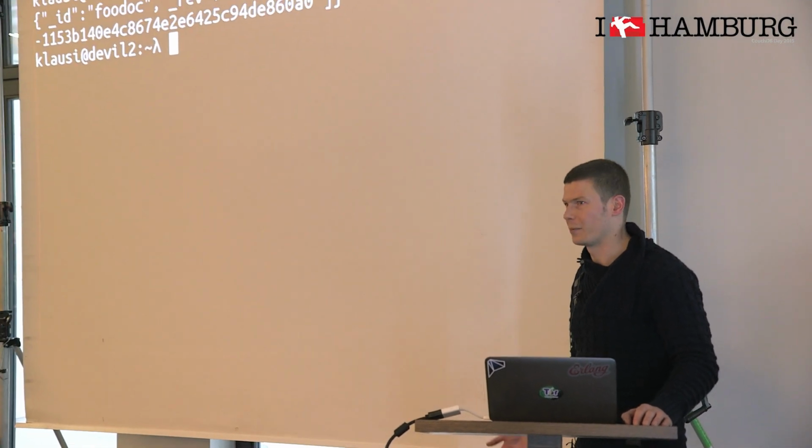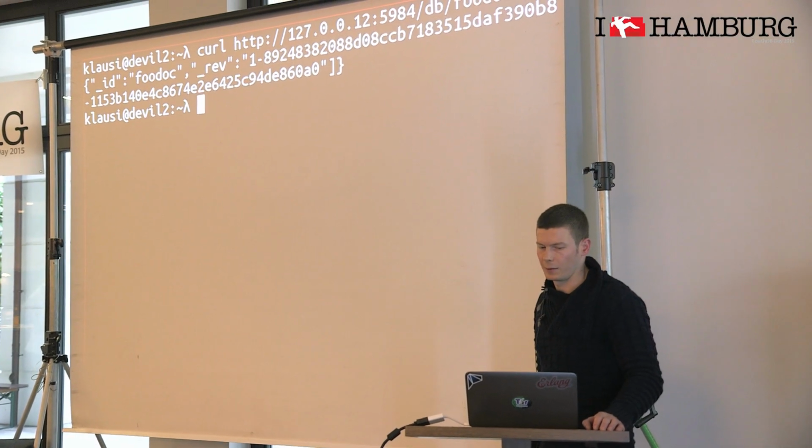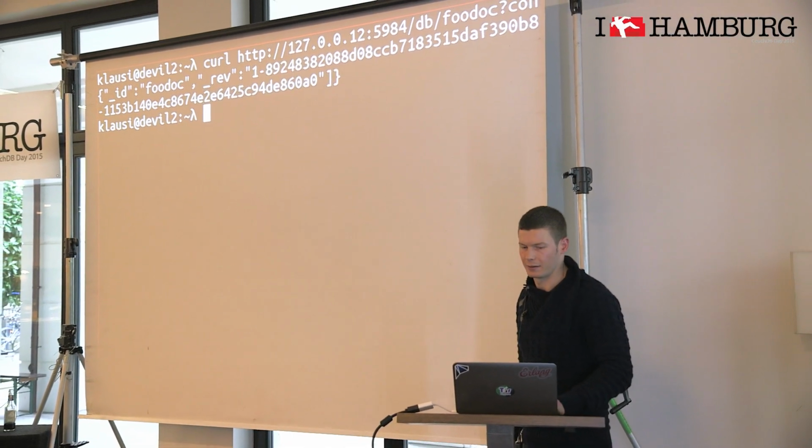This is something you have to decide on the application level. CouchDB can't and won't try to be smarter than you as an application developer. So we will probably change that.